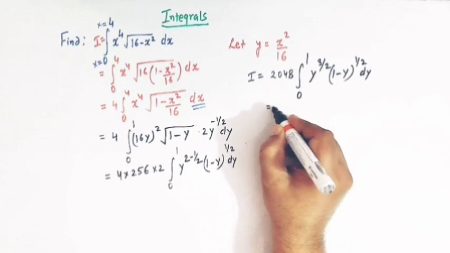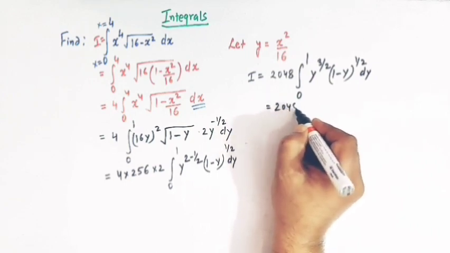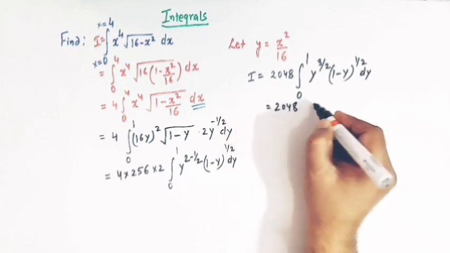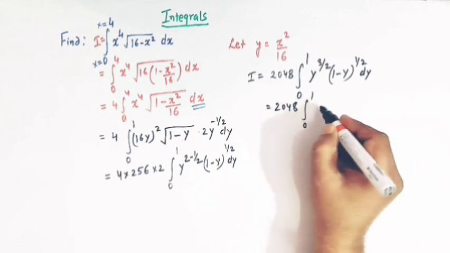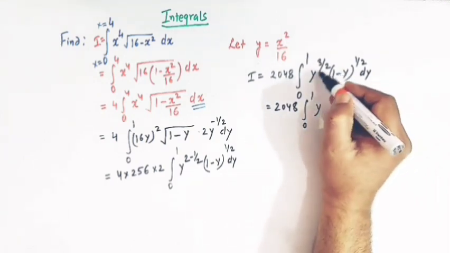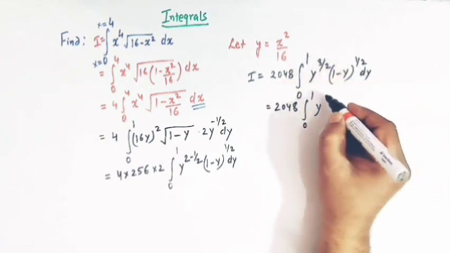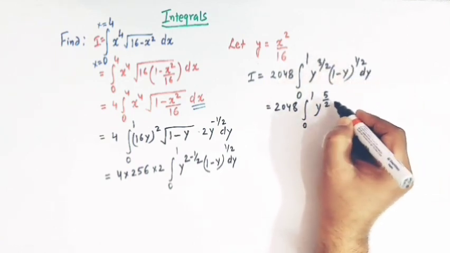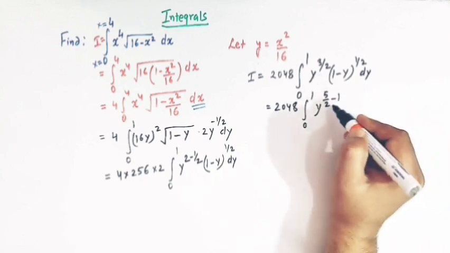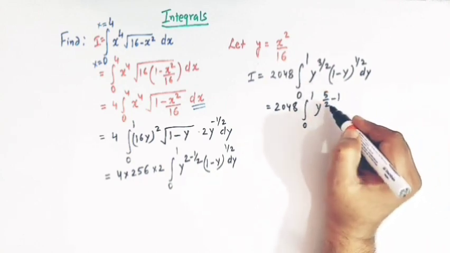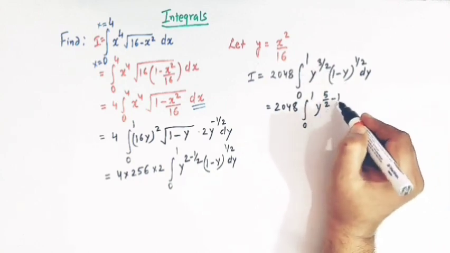Okay, now we'll write it like this: 2048, then we have 0 to 1, and see, y raised to 3 by 2. Now we can express 3 by 2 as 5 by 2 minus 1, right? Why are we writing this like 5 by 2 minus 1?